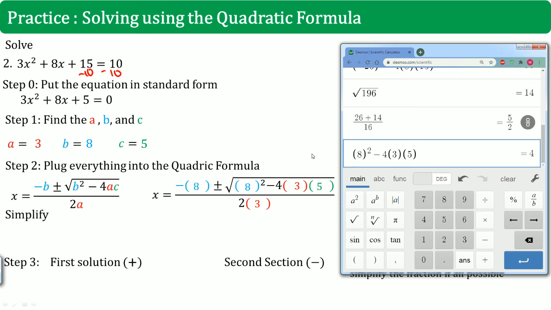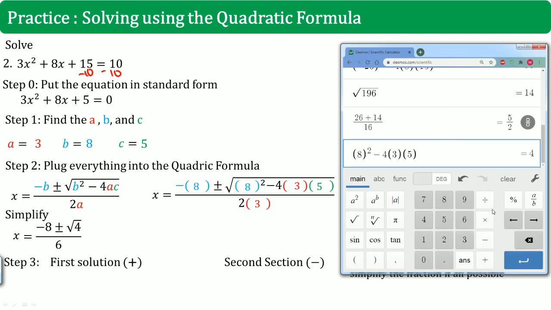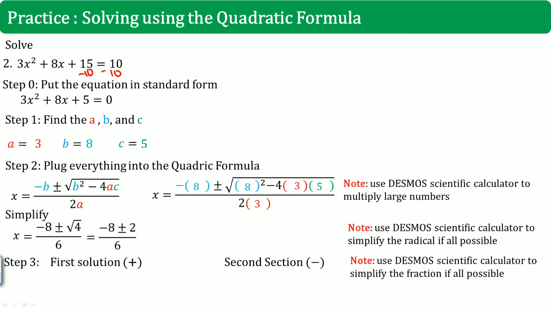Okay. Yep, that gets us a 4. Good. So inside the radical was a 4. Okay, but we know what radical 4 is though. Let's just take a look if we don't. Radical 4 is just equal to 2. So it's negative 8 plus and minus 2 divided by 6.